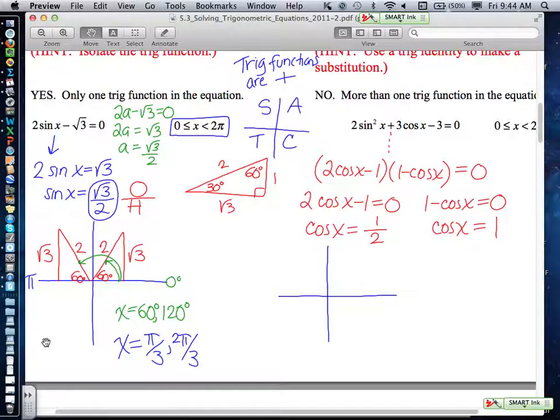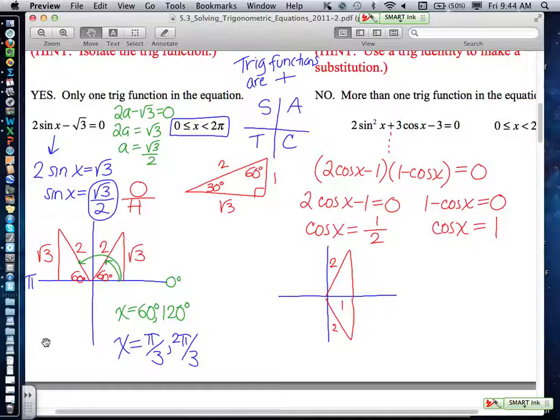I'm going to draw the reference triangle where cosine is positive. Cosine is positive in the first and fourth quadrants. So I'm going to draw a triangle such that the adjacent side is 1 and the hypotenuse is 2. And I'm going to draw that same triangle in the fourth quadrant where cosine is positive, so that the adjacent side is 1 and the hypotenuse is 2.